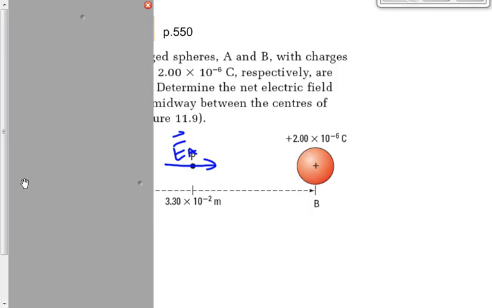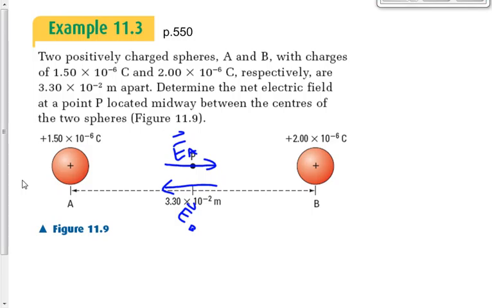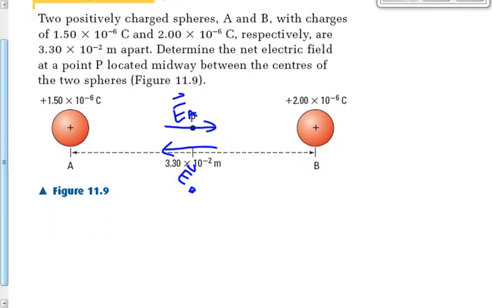It's positive, therefore the field caused by B will be to the left, away from charge B. We've got my two directions of fields, just like we did in our force problems where we found the two directions of forces. Now we've got to find the values of those fields, and then we're going to add them up, making sure we take into account signs.